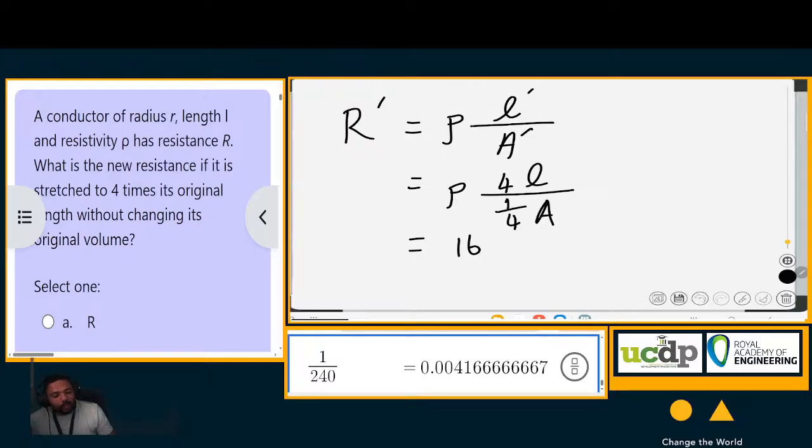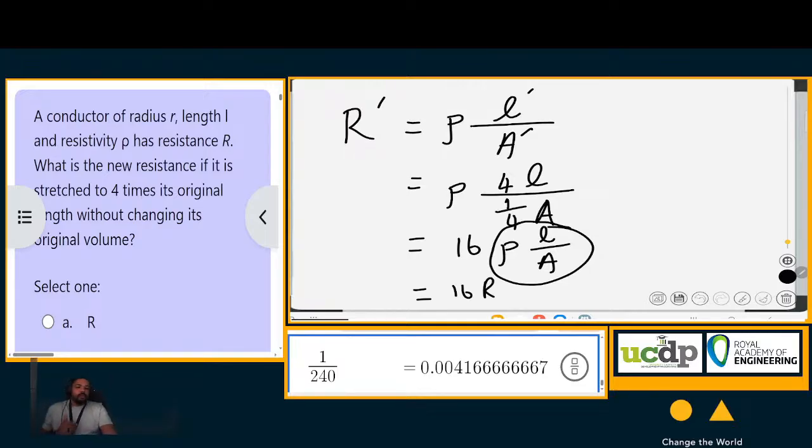Or you can just do the old method. When you are dividing by a fraction, you flip it around and you multiply. So it's 16 rho over L times A. And what is this? We've defined this to be R. So it's 16 R. So the new resistance R prime is actually 16 times greater than the old resistance.